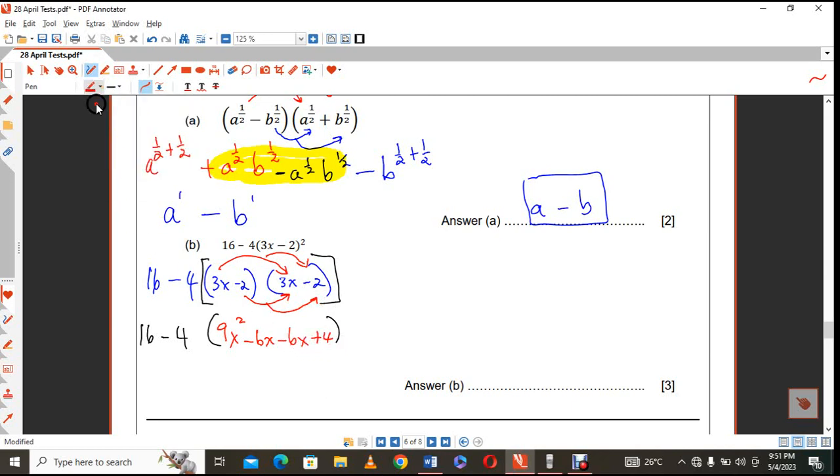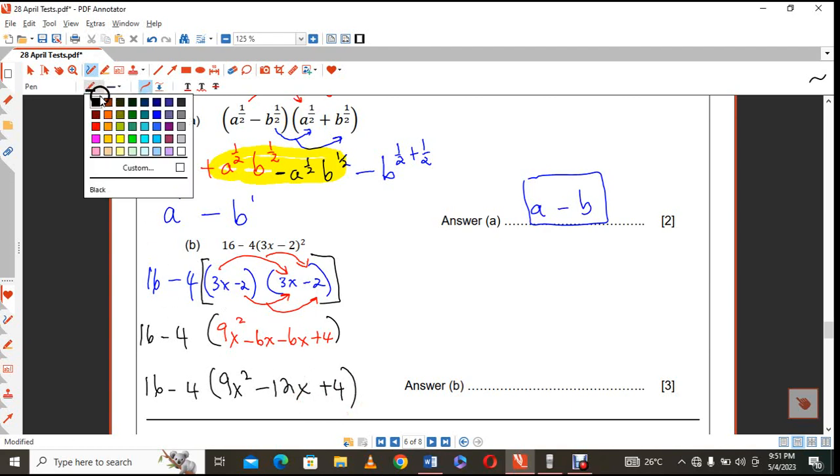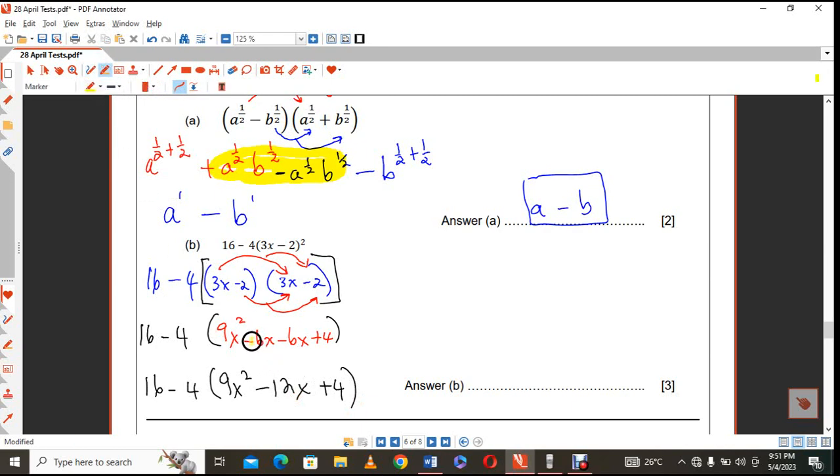Well, of course, this is 16 minus 4, and inside I have 9x squared minus 12x. Take note of the like terms over there. These two are like terms, and they are obviously simplifying to that. All right, so now I can remove the brackets, the parentheses.